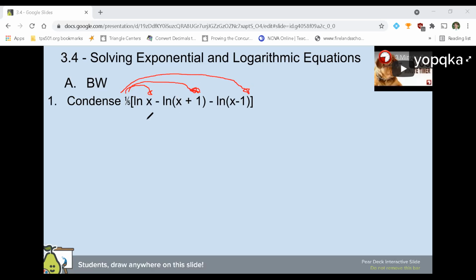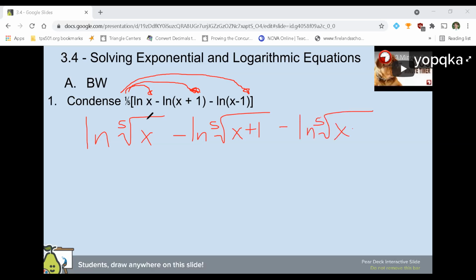Great. You didn't really have to make it a 5th root, but that's what it is. If you just raise that as a 1/5 power, that's fine too. But it is a 5th root. 1/5 is the 5th root.